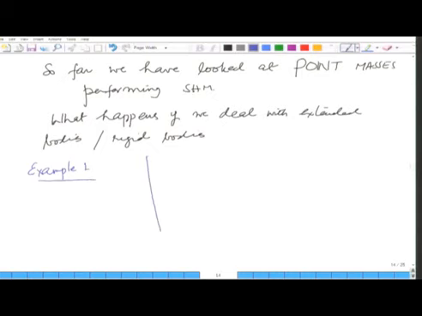a rod hanging with a pivot, pivoted at one end and hanging vertically, and when it is displaced from vertical, it starts going back and forth around the equilibrium position. So, it does perform periodic motion.